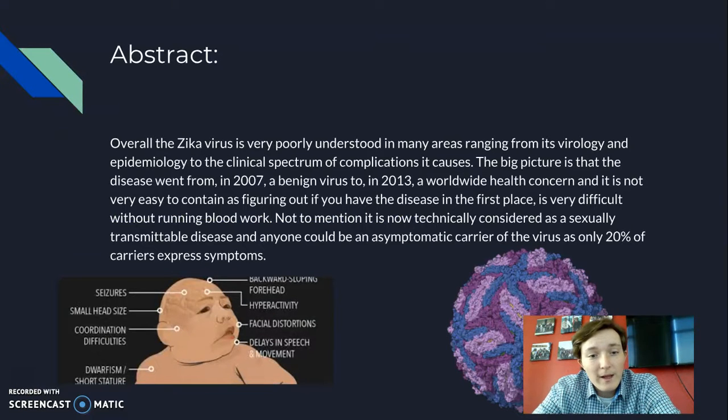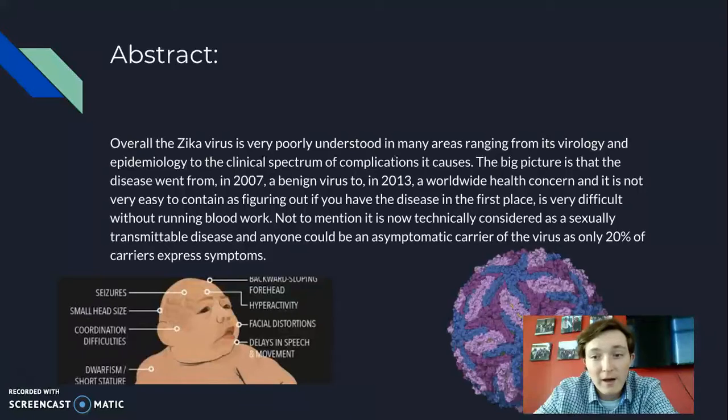And then a little abstract view of the actual Zika virus. The overall view of the virus, we don't understand it very well in many areas, ranging from its virology, the epidemiology, and the clinical spectrum of the complications it causes. The big picture is that the disease went from a benign virus in 2007 to a 2013 World Health concern, and is growing every year to be more and more prevalent.